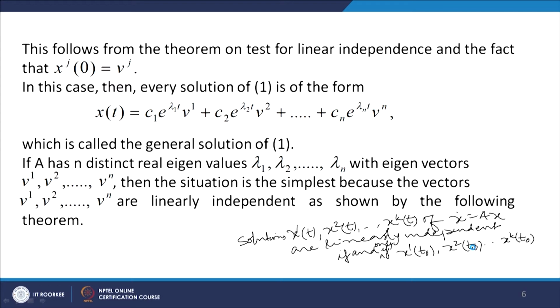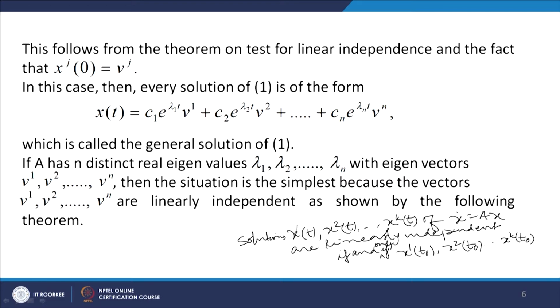Therefore, a general solution of the vector differential equation x dot(t) equal to Ax(t) can be written as x(t) equal to C1 e to the power lambda 1 t into V1, plus C2 e to the power lambda 2 t into V2 and so on, plus Cn e to the power lambda n t into Vn, which is called the general solution.